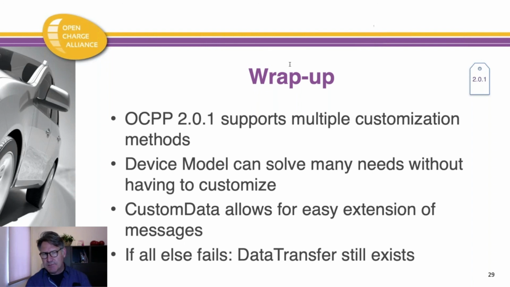If you want to send a file to a charging station, you can just use the firmware update mechanism, and in the firmware update message you send the URL of the file that you have to download.